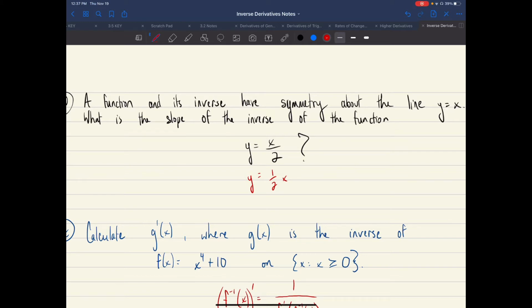So the slope of the inverse would just be 2, because it's the reciprocal of 1/2. For linear functions, you don't have to go through the whole formula. It's just that simple.